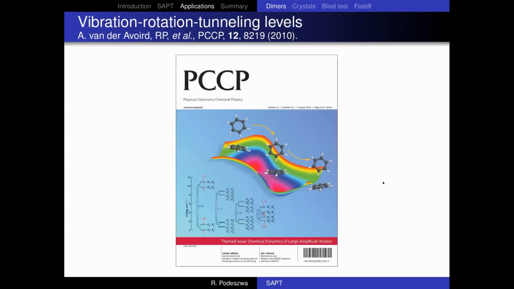We then improved this potential. We added third order induction. We also improved the fit, and with the help of this new potential, we calculated the full vibration, rotation, tunneling spectrum for this system.